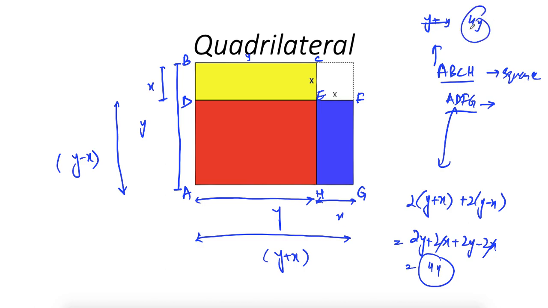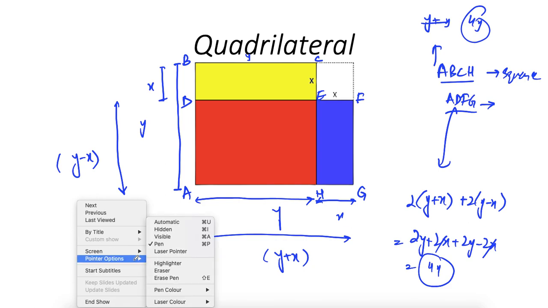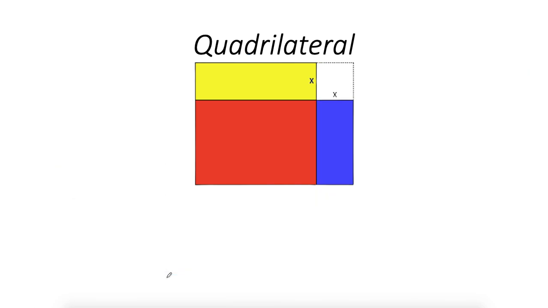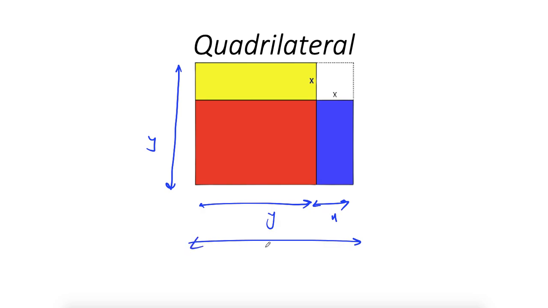But now if we see the area, to understand this, let's make this a quantity comparison question. This whole is y, this is y, this is x, so this will be y plus x, and this will be y minus x.